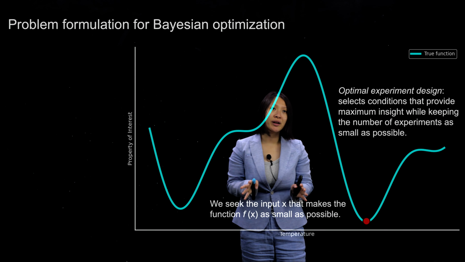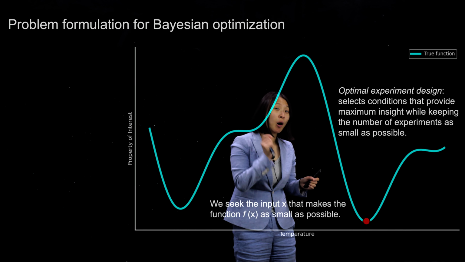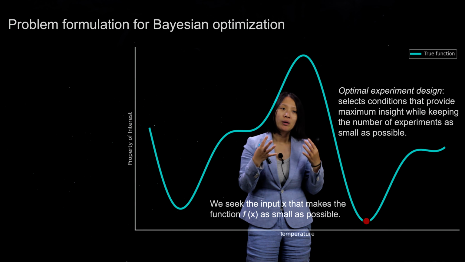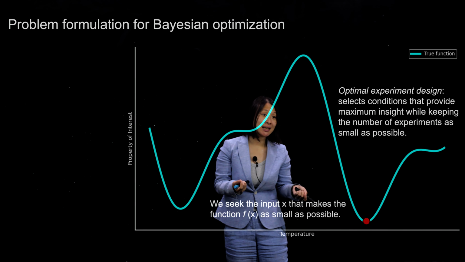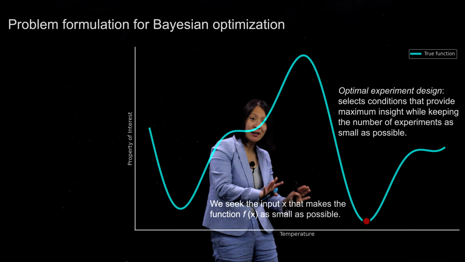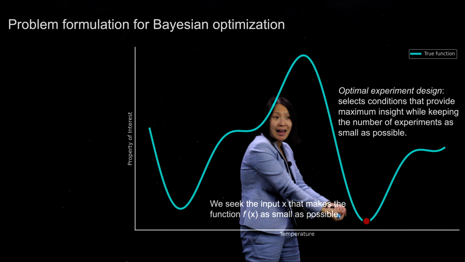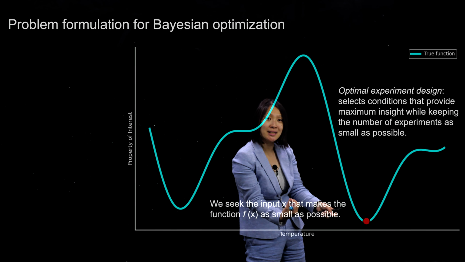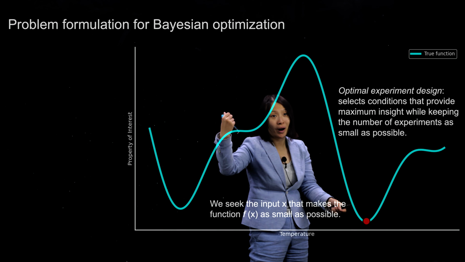So as we formulate our study as an optimization problem, we often need to think about our objective function. An objective function is basically the goal of our optimization. In this case, let's say we are seeking to understand how our input x relates to our function f(x), but in particular, we are trying to find the x that actually gives the smallest y, or smallest property of interest.